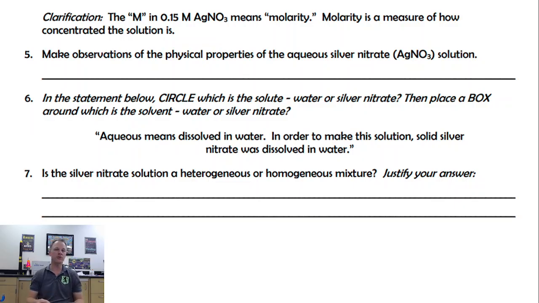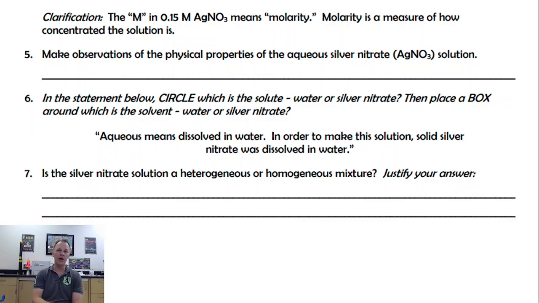Now, sometimes when you're doing a chemical reaction, you'll mix 2 things together, and all of a sudden there'll be a new smell. Is that evidence of a chemical change or a physical change?